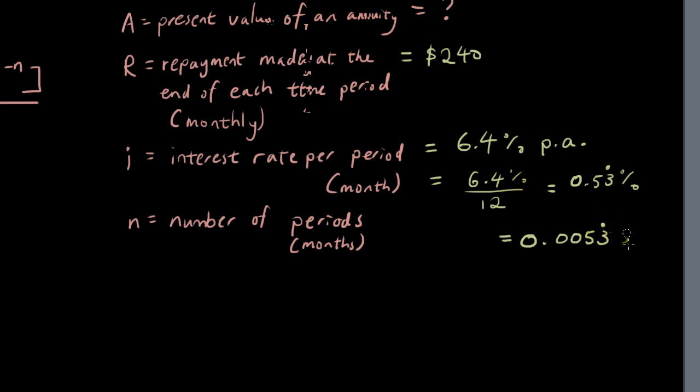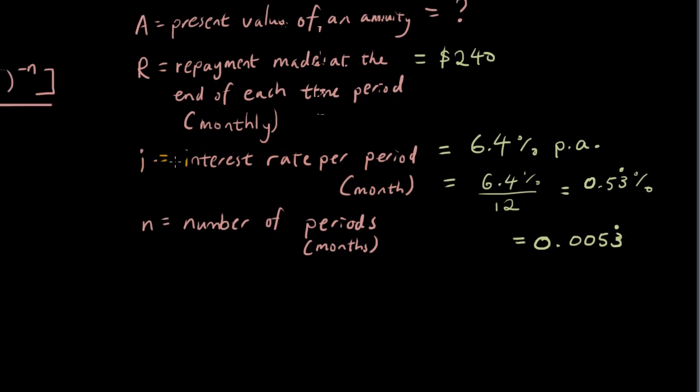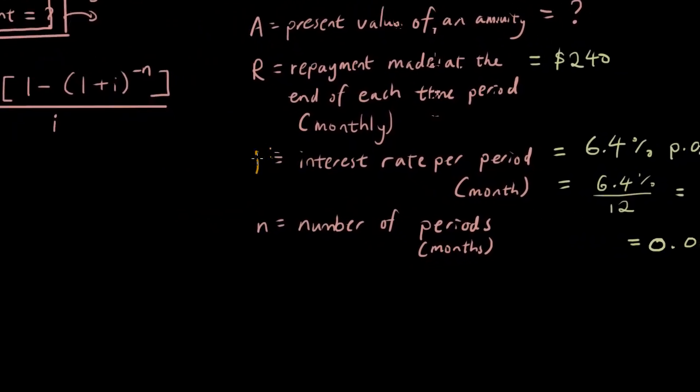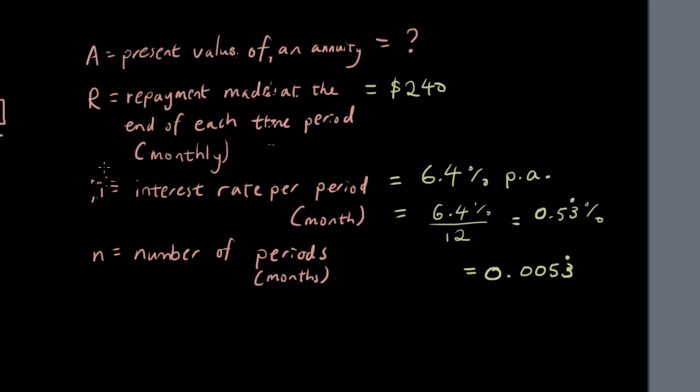Now, if you get a number with a lot of numbers after the decimal point, usually you would leave your answer as a fraction so that when you type it into the calculator, you don't round it before you get the final answer.